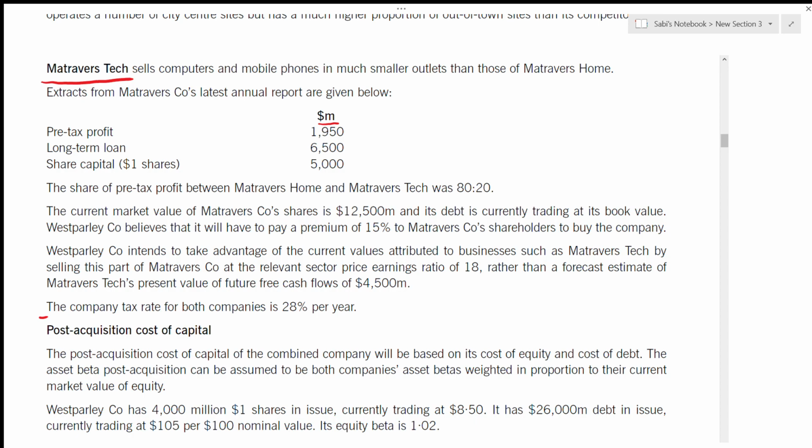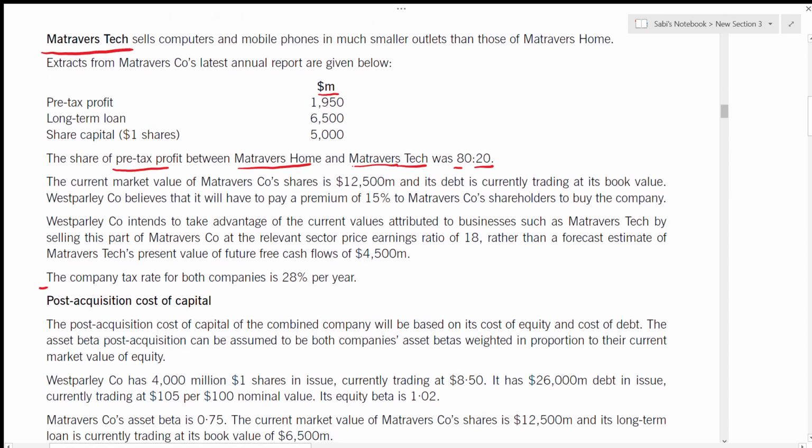The share of pre-tax profit between Matravers Home and Matravers Tech was 80-20. 80% goes to home and 20% goes to tech. The current market value of the Matravers share is 12,500 million.